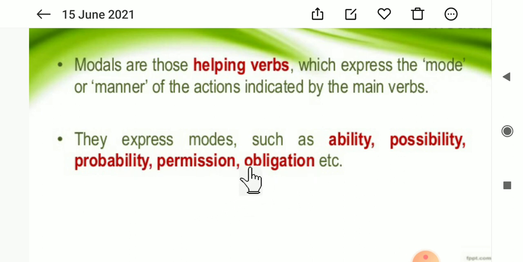So what are they expressing? Ability, possibility, probability, permission, and obligation. All these things they are expressing through these different modal verbs. Now one by one we are going to see.